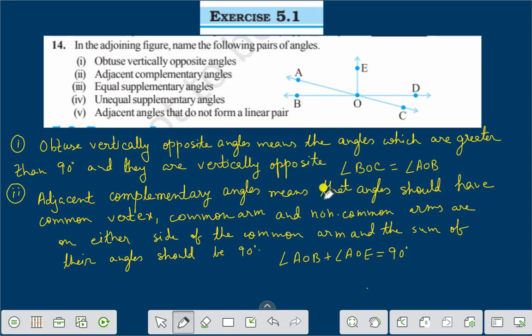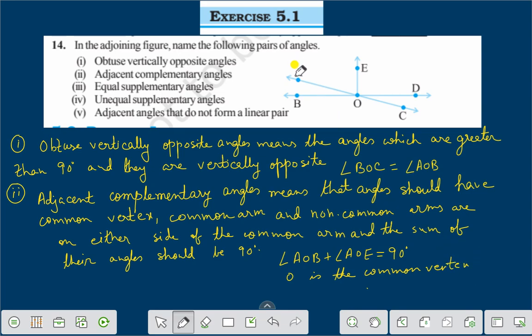Here also you see that O is the common vertex, right.